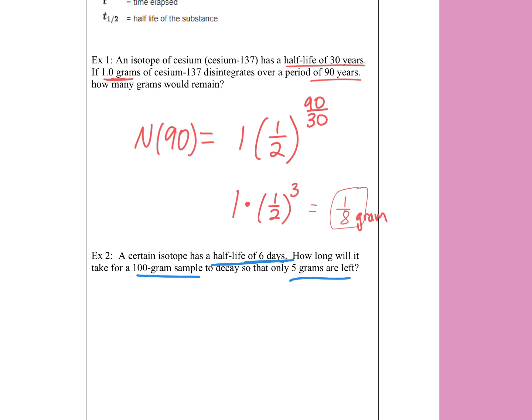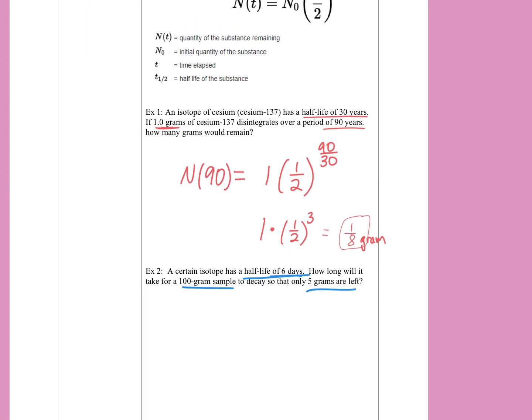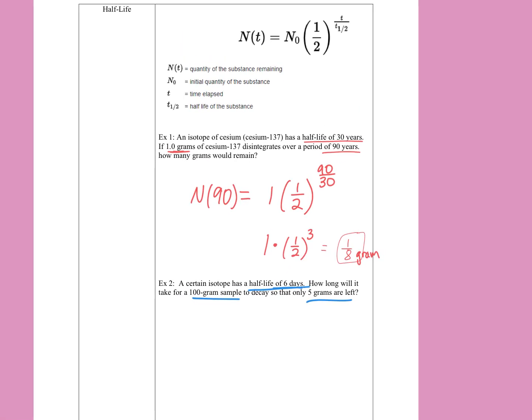Say what? Okay, so if we look at our formula, N of T is the quantity of the substance remaining. Do we know that yet? Didn't it tell us that there's 5 grams that are left? So 5 equals initial quantity of the substance was 100 times 1/2 times what?